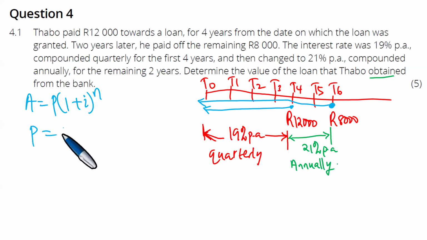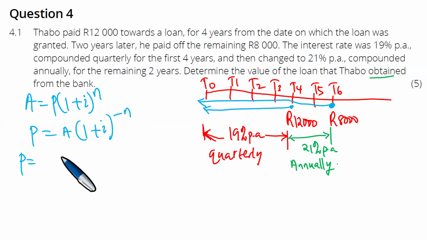So this one goes to the other side. It becomes (1 plus i) to the minus n. P equals A times that, the present value.